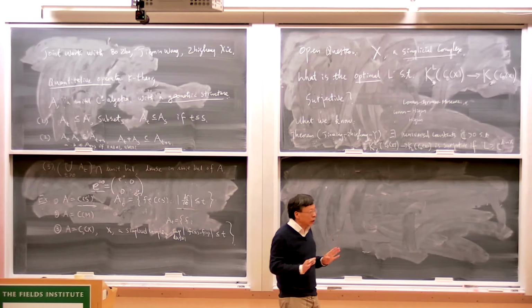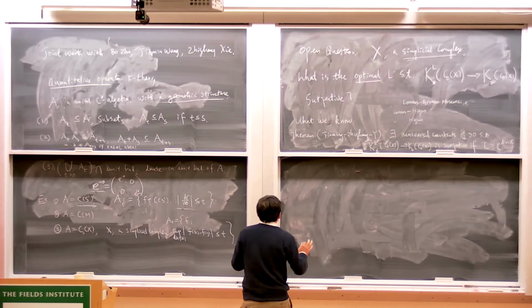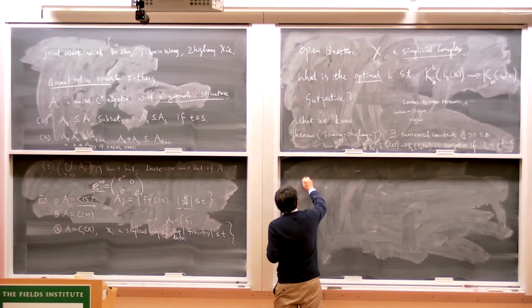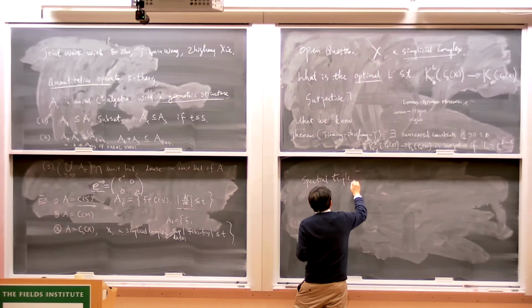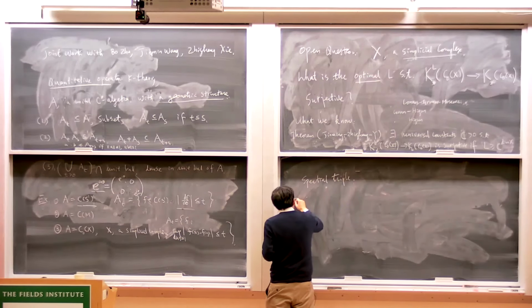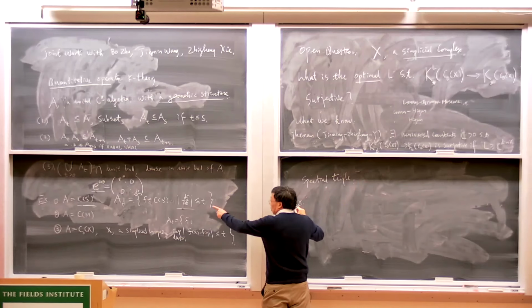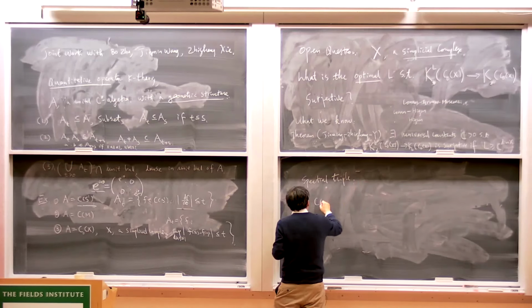Instead of talking about general theory, I want to give an example of a spectral triple. So Alain's spectral triple. I'm just going to give one example.